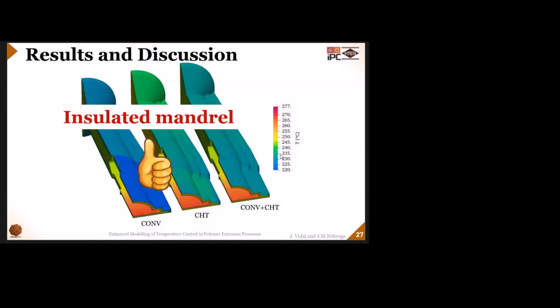And one thing that you can already tell is that the mandrel is insulated. This was not studied in the literature before. We now know that we can use insulation, and it is a good approach for this.